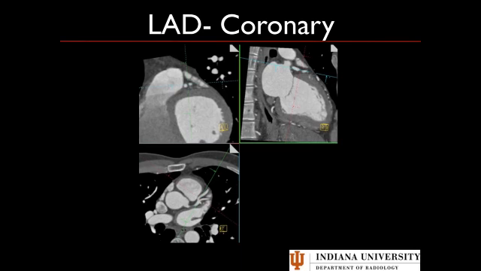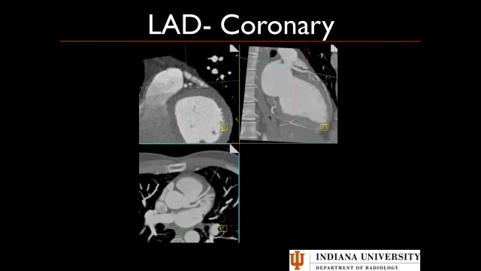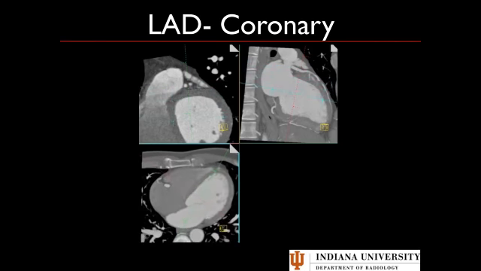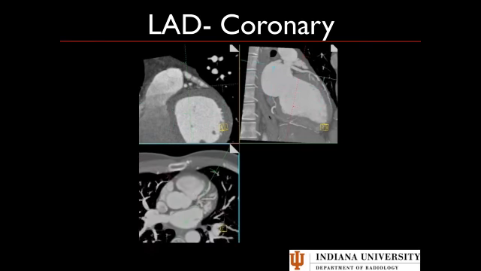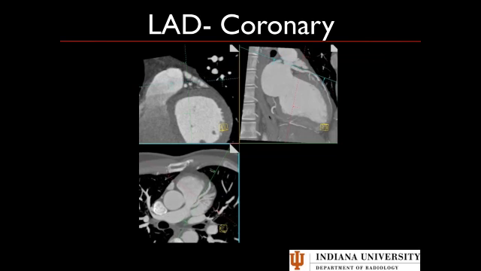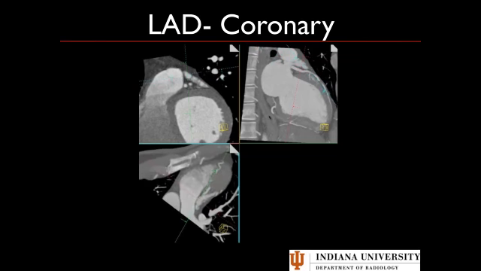Again, in the bottom left, we're going to lay it out along the long axis of it, and then we're going to lay out along the long axis of it on the top right, and then we're going to get our short axis view in the top left. Now what you'll notice is that we've gone to thin MIPs in the top right and in the bottom left images, but the top left image, which is the cross-sectional view, we've left as a thin MPR, an MPR without any thickness to it.